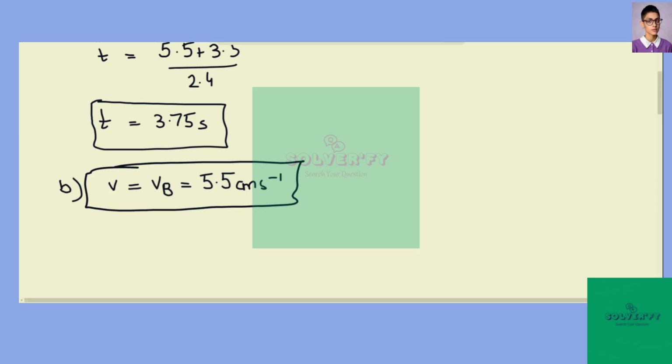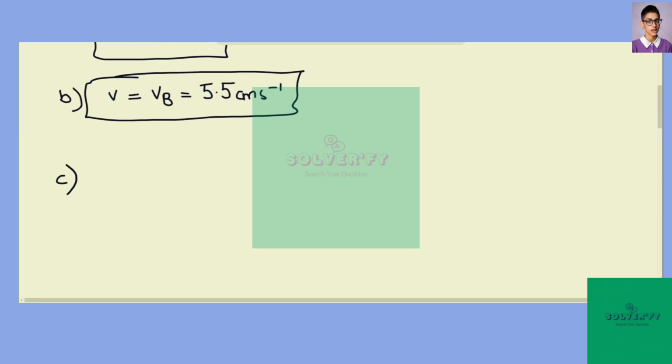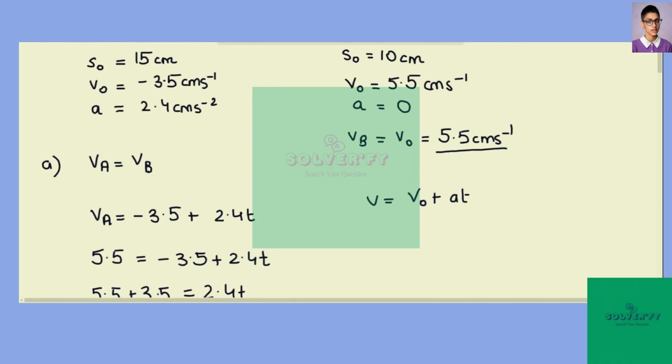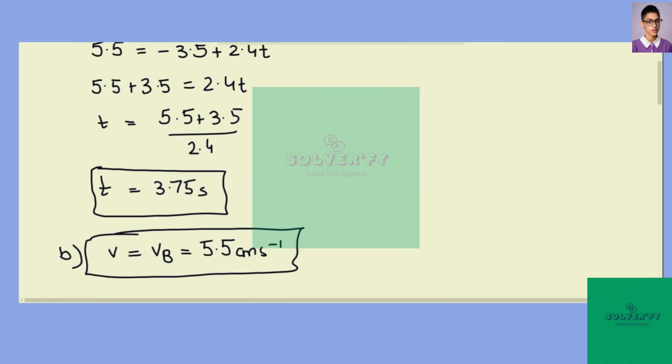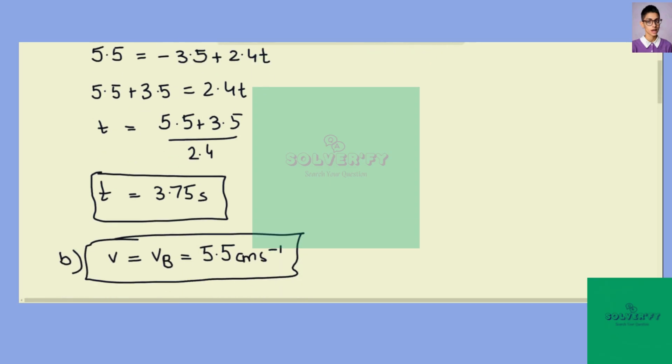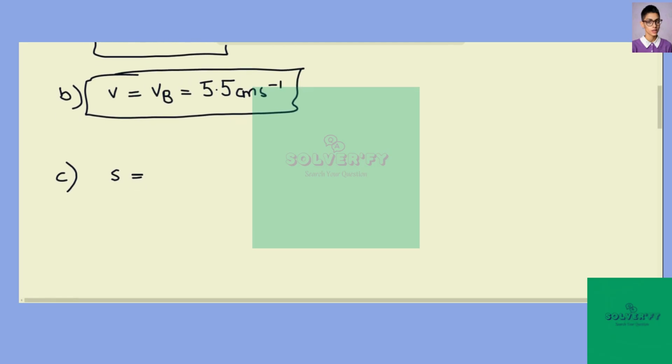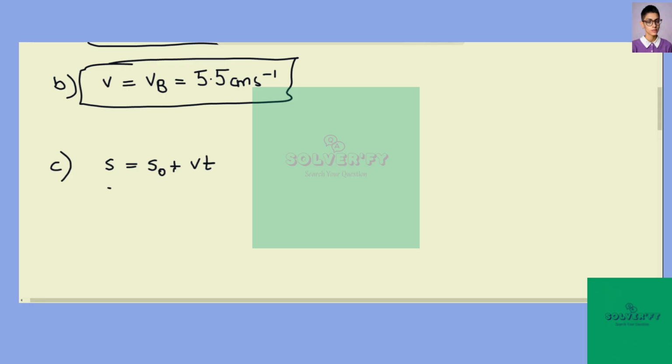Now, for the next part, we need to find the times at which the trucks pass each other. For that, we need to find the equations for their position. So let's start with truck B because that's simpler. The position of any object that undergoes motion with constant velocity is the initial position plus the velocity times the time.